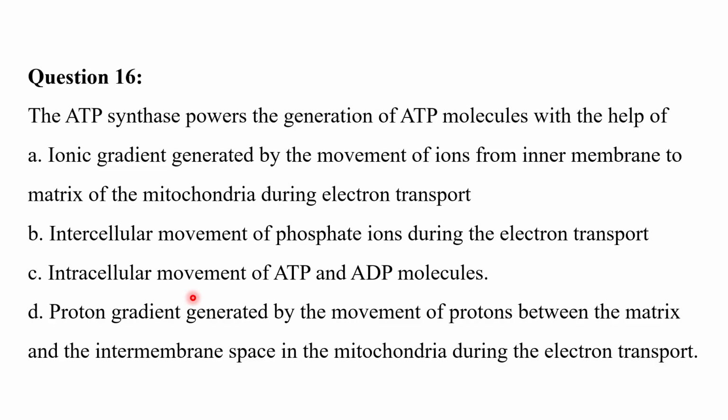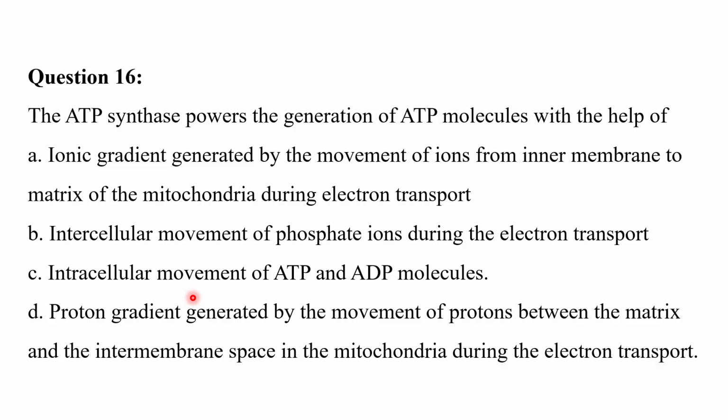Ma'am, D option. Yes. So till now, this should be clear. So till now we have been discussing the electron transport chain and the ATP synthesis. So all the protons are first moved to the intermembrane space, and then from the intermembrane space they are flushed back to the mitochondrial matrix through ATP synthase, which generates a proton motive force required for the ATP synthesis.